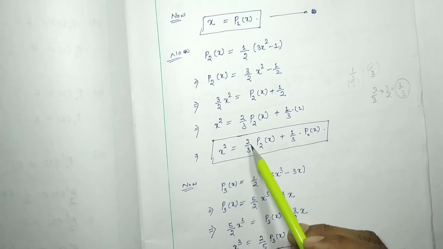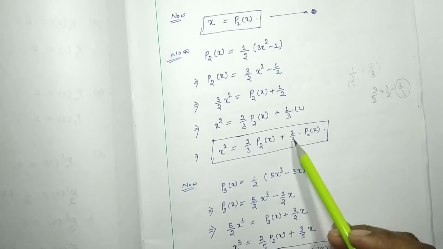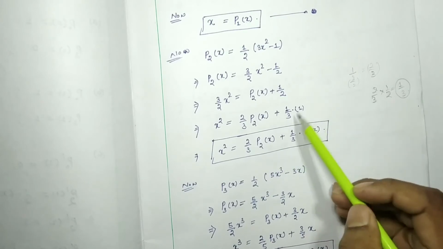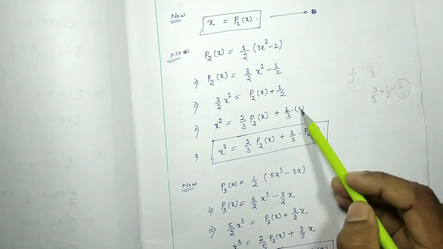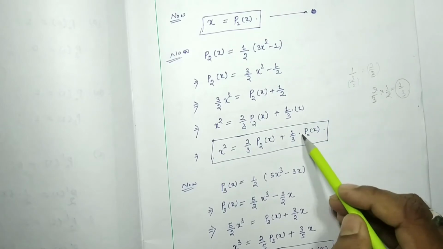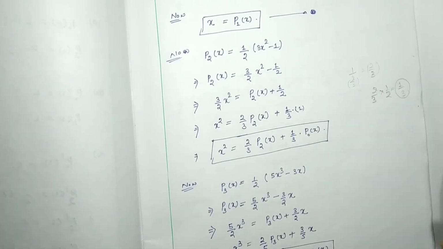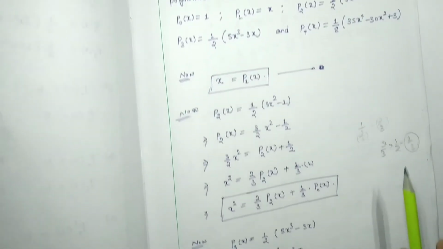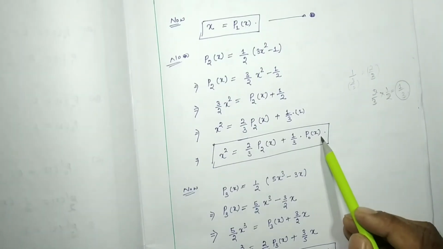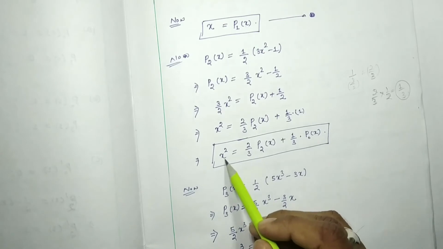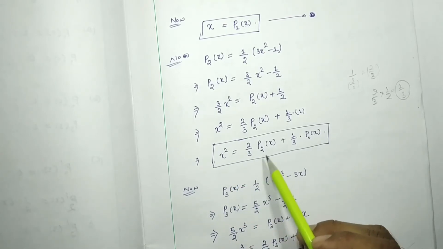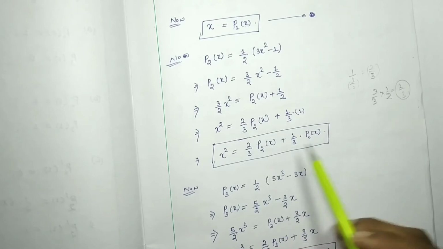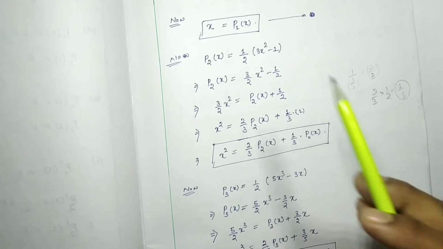So x square equals 2 by 3 p2(x) plus 1 by 3, here 1 by 3 into 1, and the 1 is nothing but your p0(x). So instead of 1 you can write p0(x). So here x square is expressed in terms of p2(x) and p0(x) as per the question.